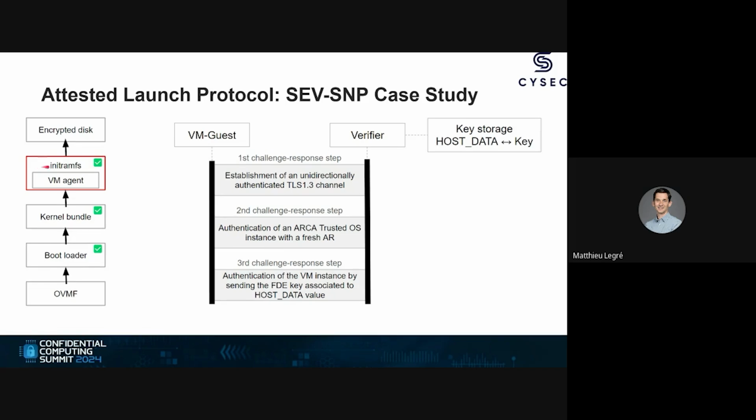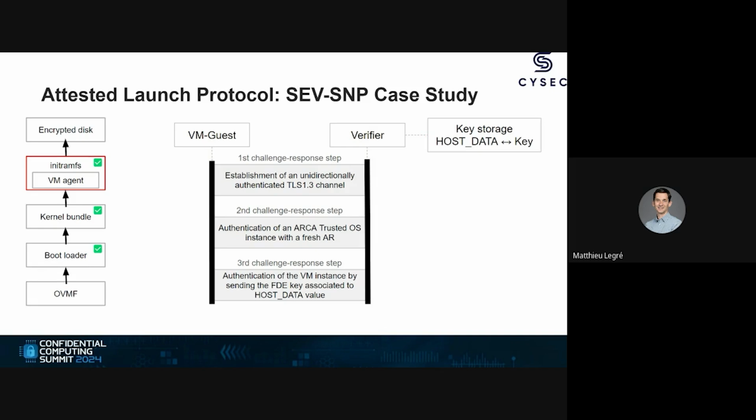So that's why the VM agent is able, with a public key of the verifier, to authenticate the verifier. But at that stage, the verifier is not able to authenticate the VM agent. The only thing that the verifier knows is that the VM agent has an ID that is already registered somewhere in a database.